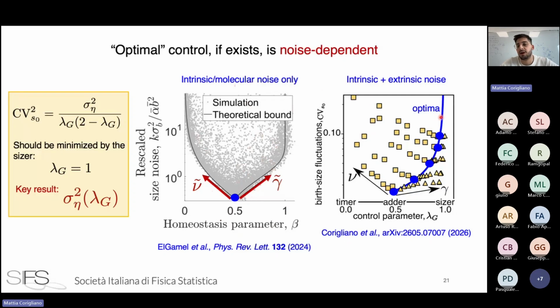Whereas as soon as you include other sources of noise, these minima shift toward more sizer-like, but it can shift also toward more timer-like behavior. So more in general, optimal control, if it exists, is actually noise dependent in a more general framework in which you also consider extrinsic noise sources. And what is this framework?